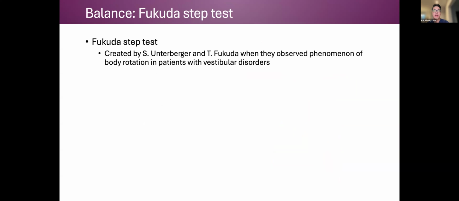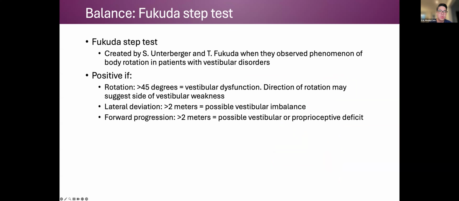So another test of balance is going to be the Fukuda step test. This was created by Dr. Unterberger and Fukuda. They observed this body rotation in patients with vestibular disorders, and so you have patients march in place essentially, and if there's a rotation that's greater than 45 degrees in any direction, that could signify vestibular dysfunction.